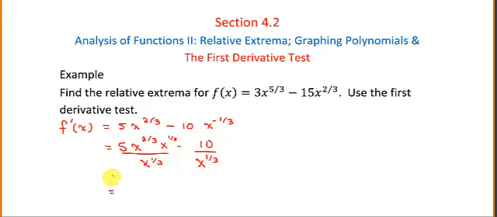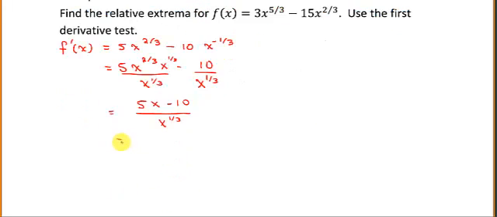When I multiply, x to the 2/3 times x to the 1/3, add the exponents, we get x to the 3/3. So I'll have 5x minus 10 all over the common denominator of x to the 1/3, which is the same thing as 5x minus 10 over the cube root of x. So now this is the first derivative.